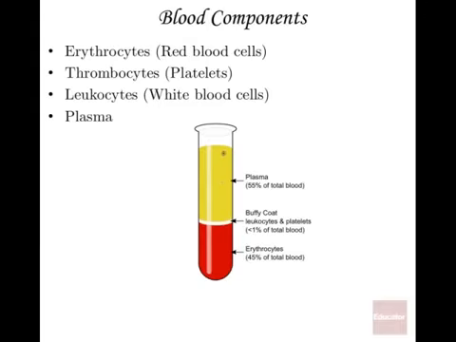Plasma. Yellow fluid. The particles dissolved in plasma is what gives it that yellow look. There are lots of particles dissolved in the plasma, the actual fluid of your blood. Of course, most of the plasma is water. You also have gases: oxygen, CO2, nitrogen gas, there's a lot of them.